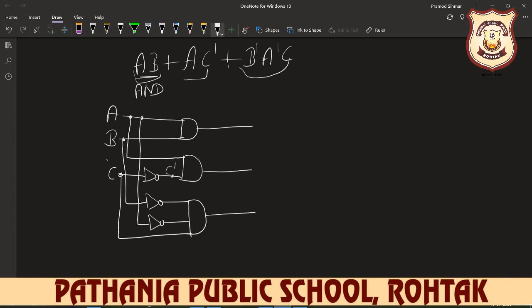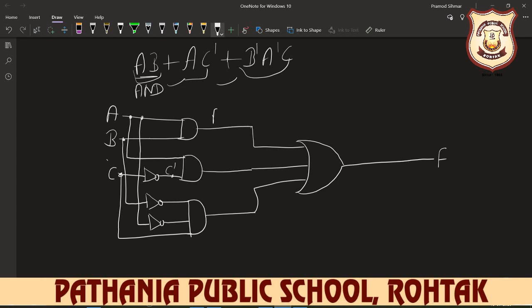Okay. Now plus is here, and plus means your OR gate. Now you draw the OR gate here like this, and now you make it OR. Now so many inputs are there, but the output is single. So what is the output of this?